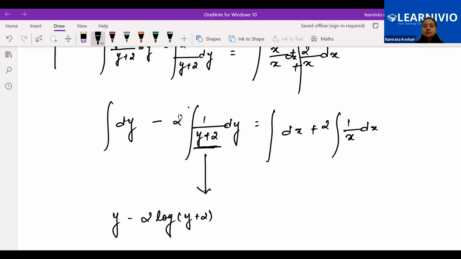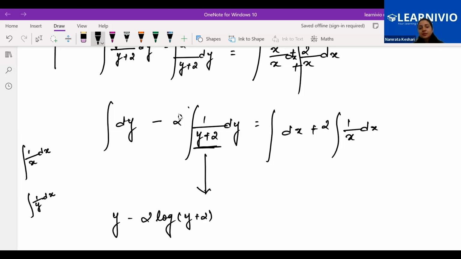Yes, ma'am. The formula of integration was like this, which can be applied for something like this also. Exactly, but it is y plus 2. It is not just x or y, it is y plus 2.